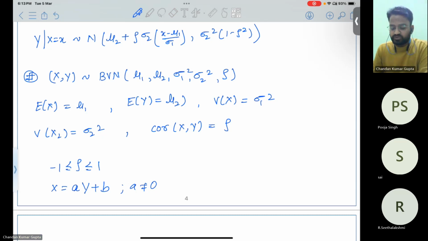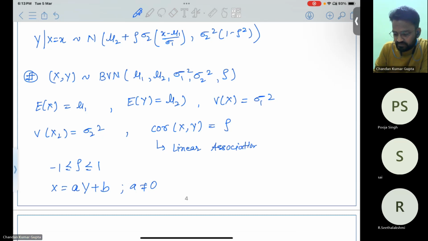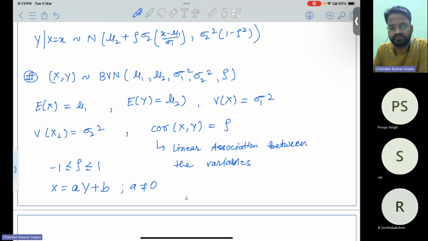So correlation gives the linear association between the variables.